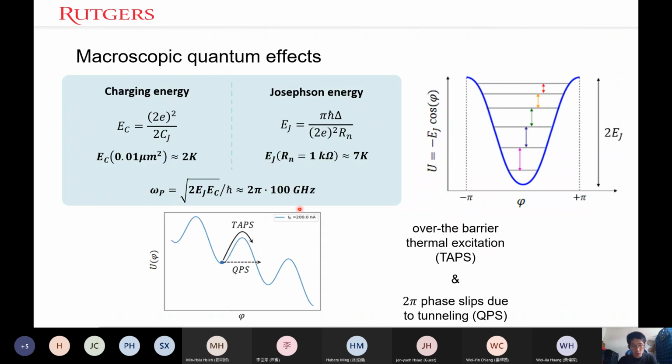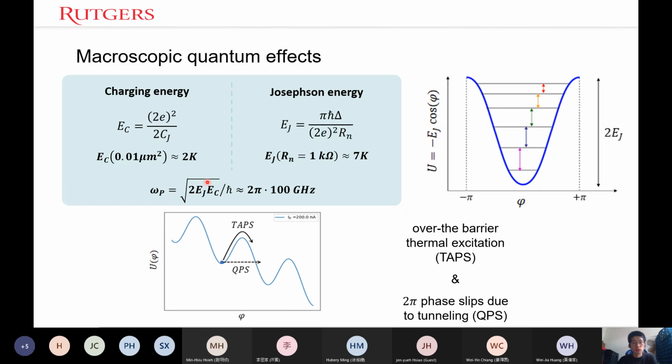So as I quickly summarize here, the charging energy and the Josephson energy scale for a typical junction that we will use in the experiment, for example, 100 nanometer by 100 nanometer in area, gives EC about 2 Kelvin, and EJ about, for the normal usual oxidation condition, for example 1 kilo-ohm resistance, 7 Kelvin.